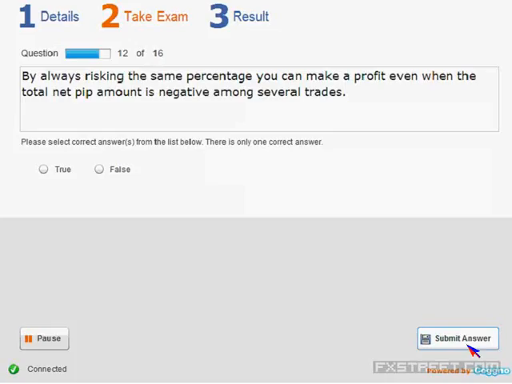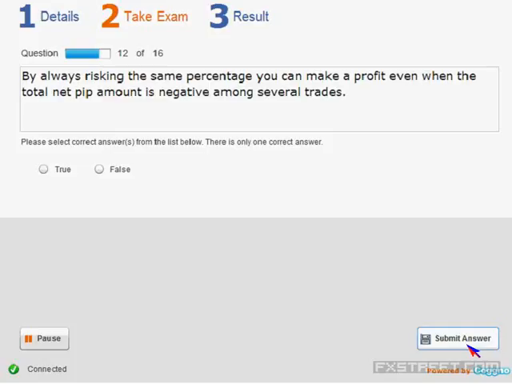By always risking the same percentage, you can make a profit even when the total net PIP amount is negative among several trades. Is it true or false? If you risk always the same percentage, can you make a profit even when the total net PIP amount is negative?